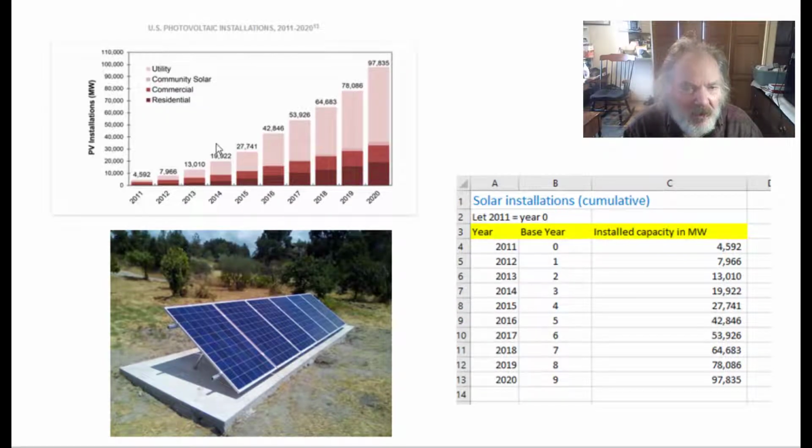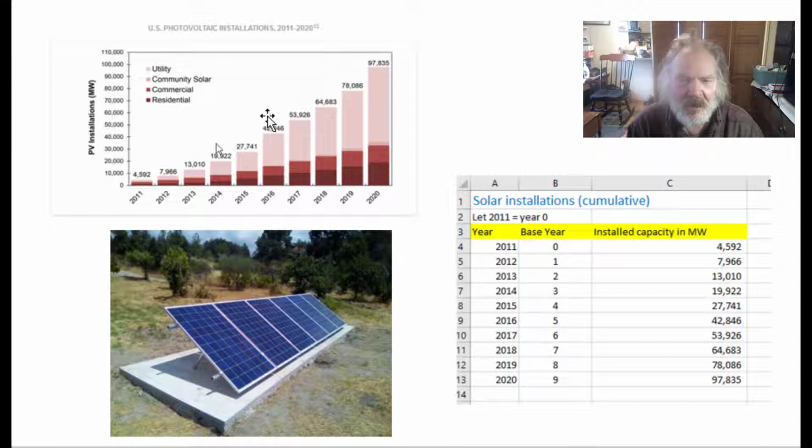Alright, this little video, hopefully really short, is going to go over how to accomplish the last two questions, how to go about it. Really what we're going to do here is extrapolate from previous data. This here happens to be the cumulative installation of solar, and this is just the data in an Excel file from this chart.